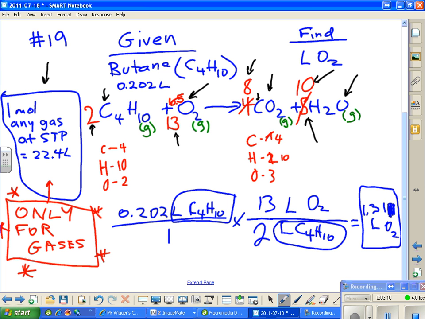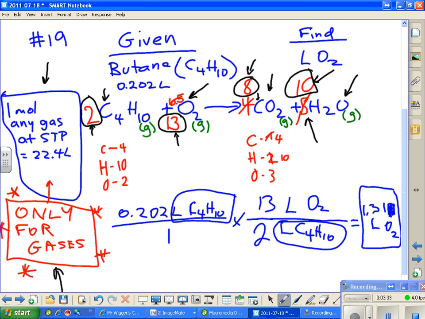So for gases only, you can use the coefficients, and let's circle the correct coefficients. The final balancing gave us those as coefficients.